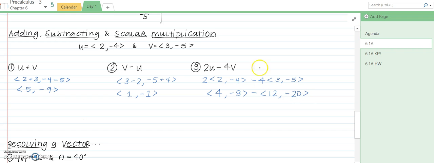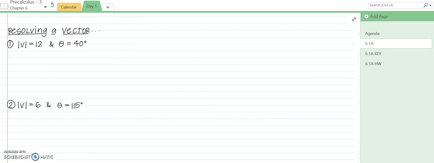And then you're subtracting. Notice how I just multiplied the positive 4 instead of negative. You could multiply the negative, but then this would change to a positive. So now you have 4 minus 12 and negative 8 plus 20. The double negative creates the positive. So here you get negative 8, positive 12. That's your component form.